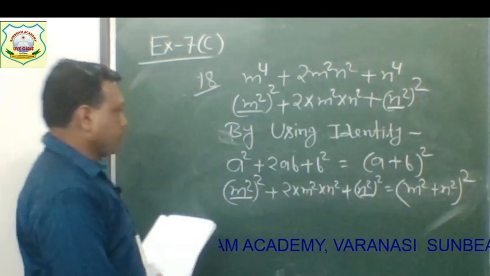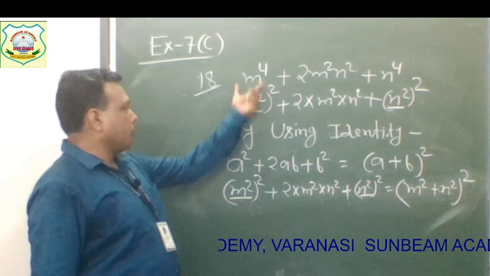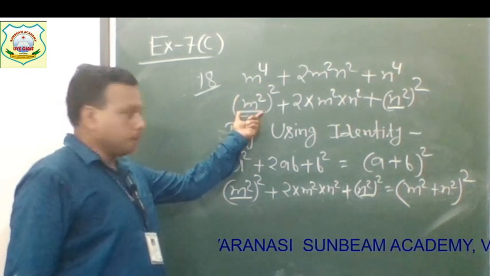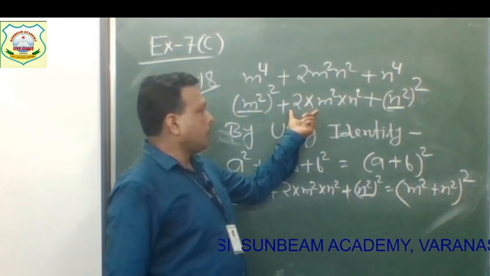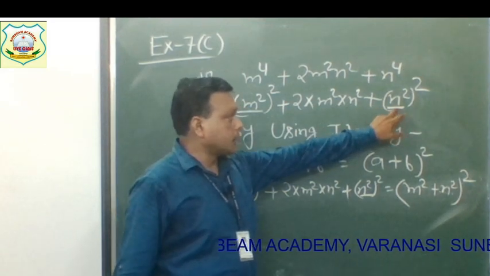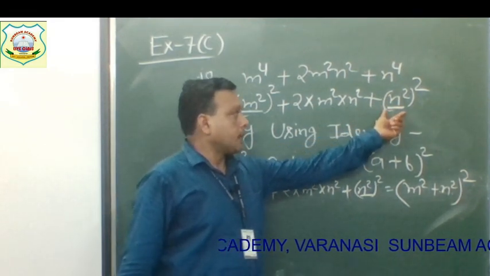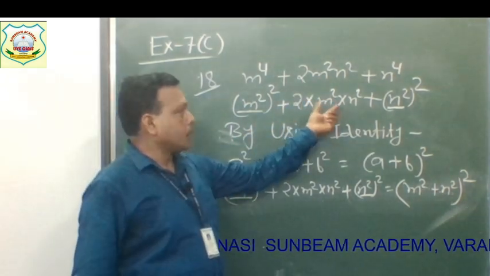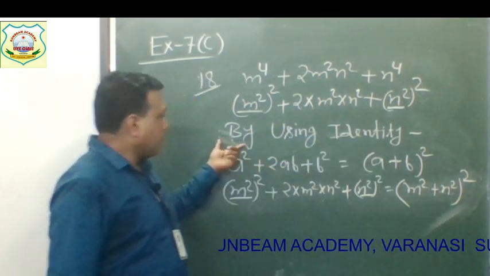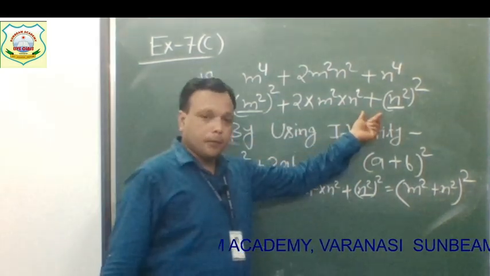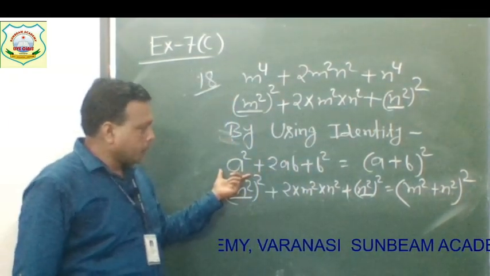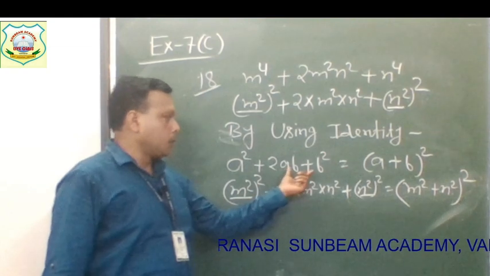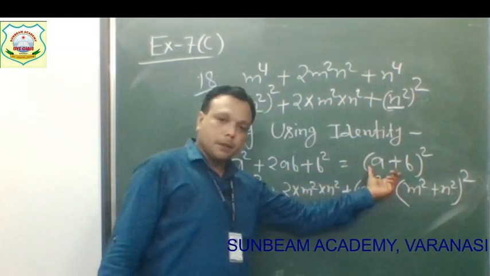Students, again I am telling you, m power 4, how have we written? M square, that is square, plus 2 multiply, first we see the b square. B square, that is given n square, that is whole square, 2 multiply m square into n square. Here the plus term is given, so what identity should be used? A square plus 2ab plus b square, that is (a plus b) whole square.